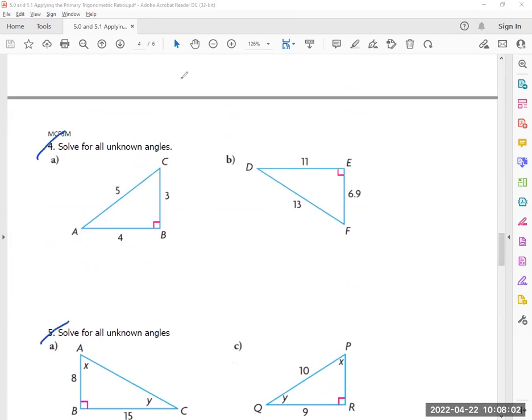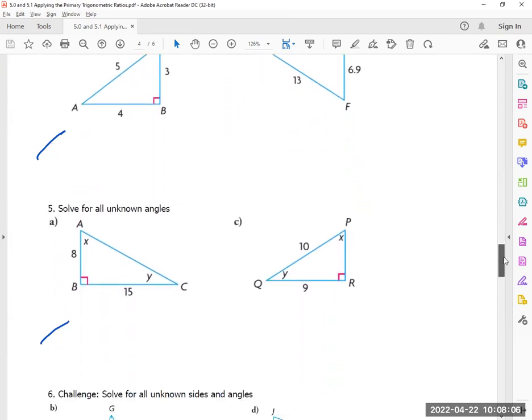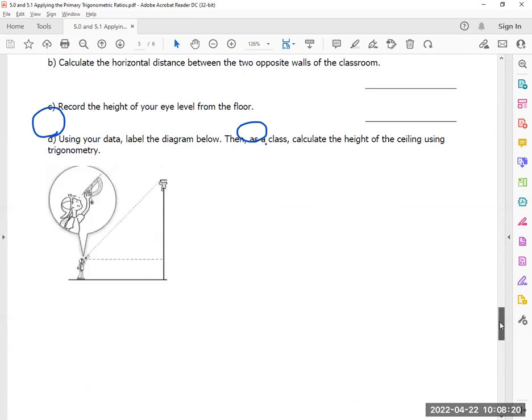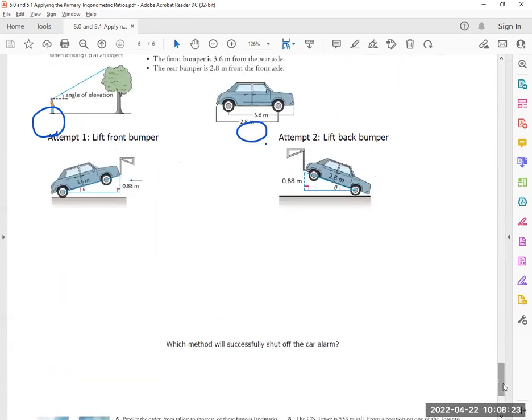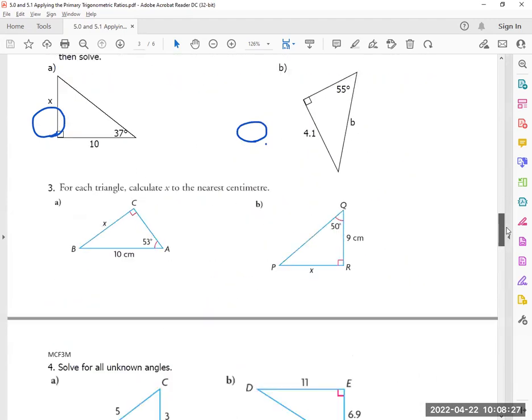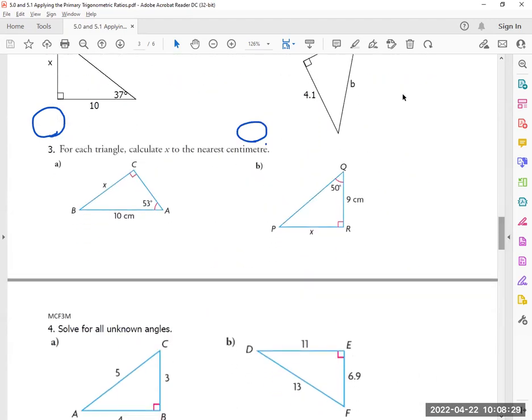Don't do number 5 because I have to teach you how to get angles from sides, not the other way around. And from here, I think you'll be able to do number 6, B, and D. So your homework.